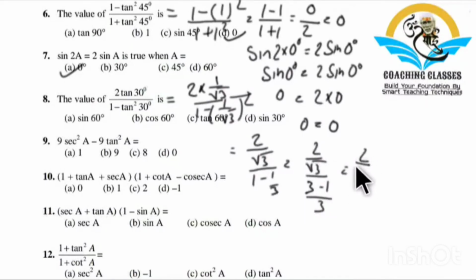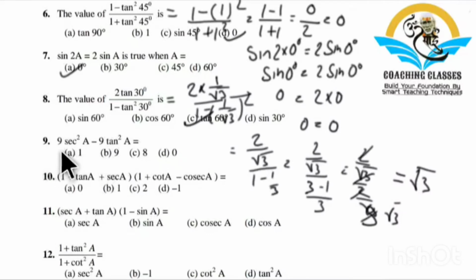You get 2 by root 3 by 2 by 3. 2 get cancelled. You get root 3. That is the value of tan 60. Hence option C is correct.